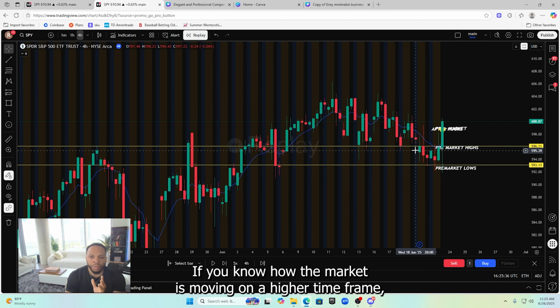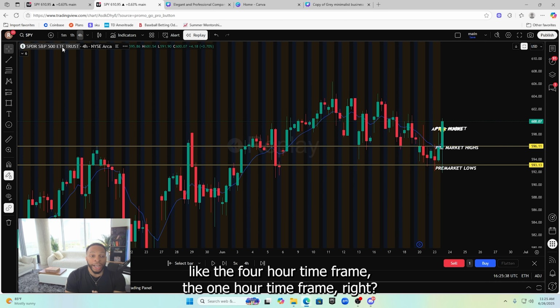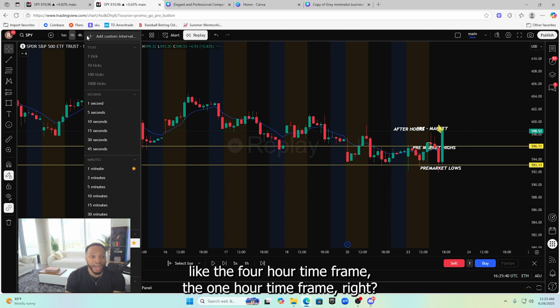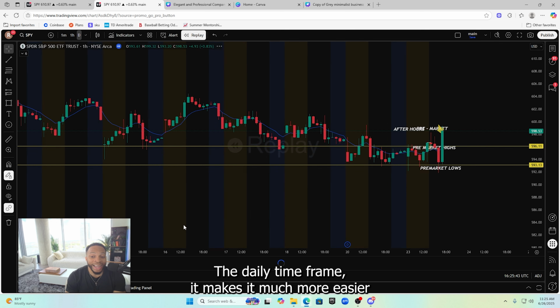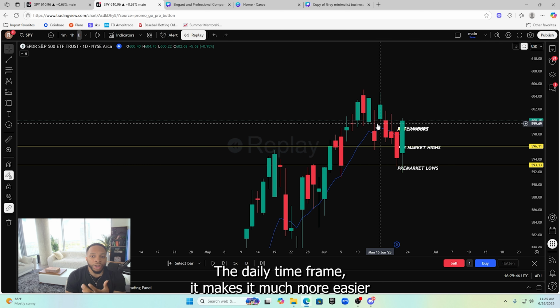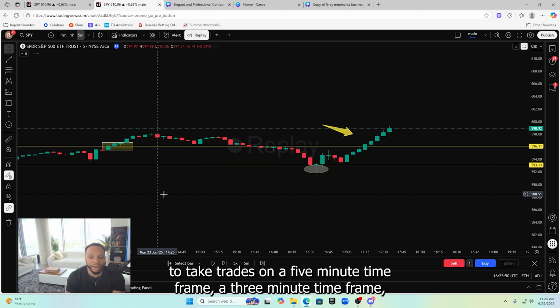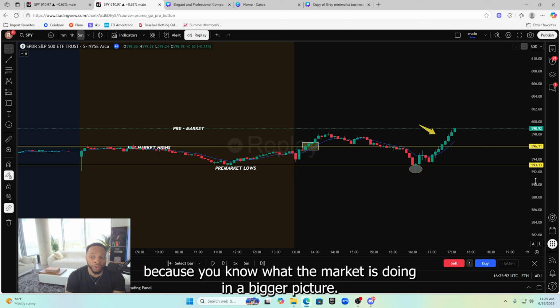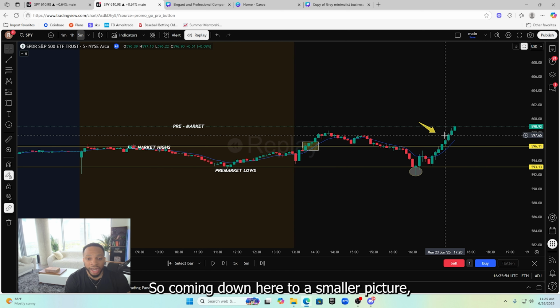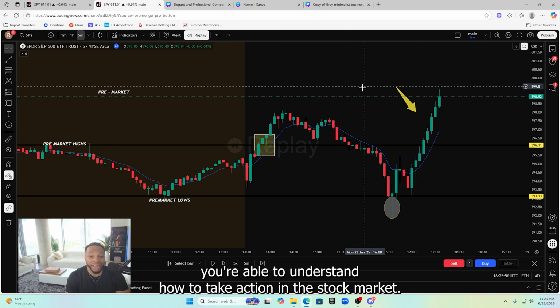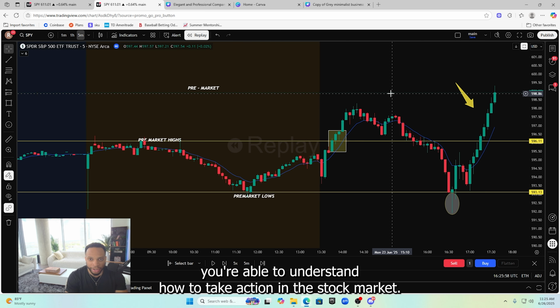If you know how the market is moving on a high time frame, like the 4-hour, the 1-hour, or the daily time frame, it makes it much easier to take trades on a 5-minute or 3-minute time frame, because you know what the market is doing on a bigger picture. Coming down into a smaller picture, you're able to understand how to take action in the stock market.